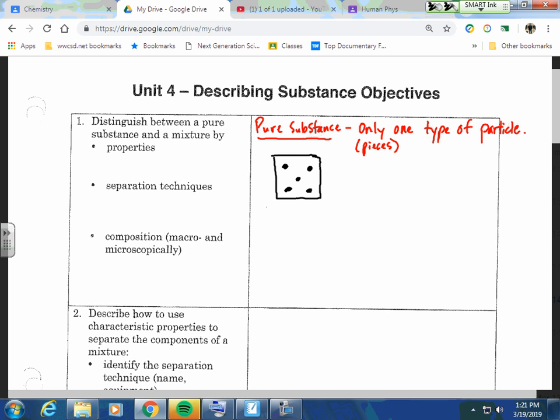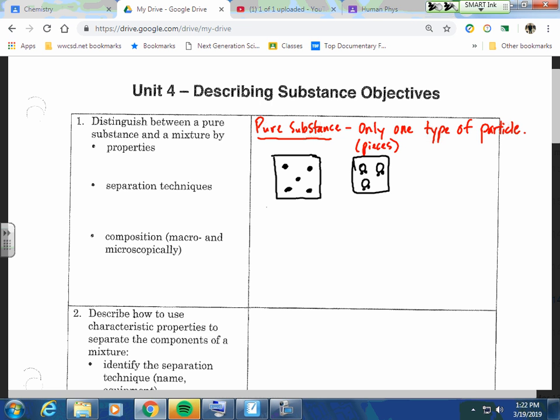I can even do this. That one has 3 pieces. Now you'll notice the atoms are not the same.